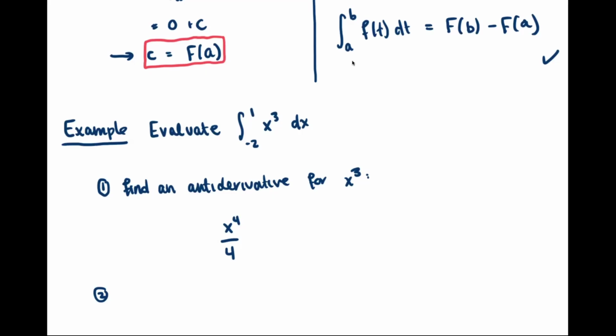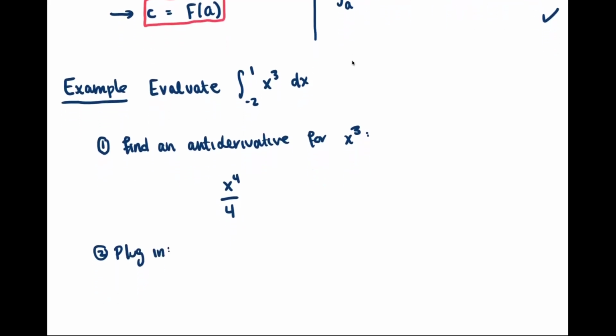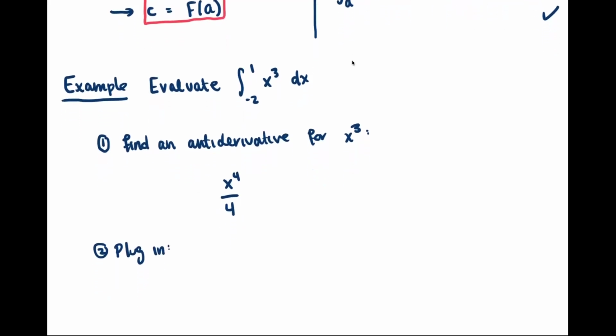And then for part 2, we just need to plug in. We're plugging in at 1. So we have 1 to the 4th over 4 minus -2 to the 4 over 4. So we can simplify this.